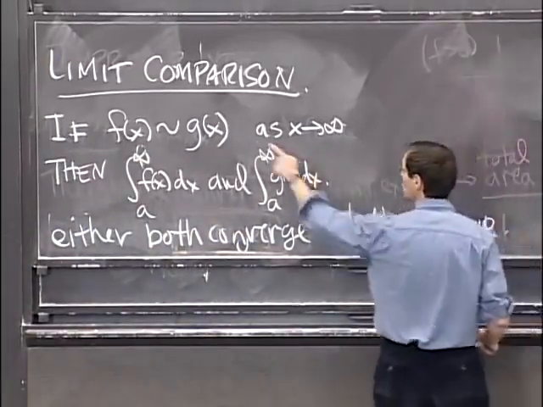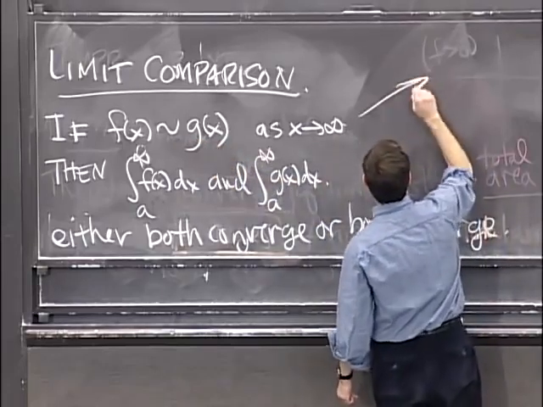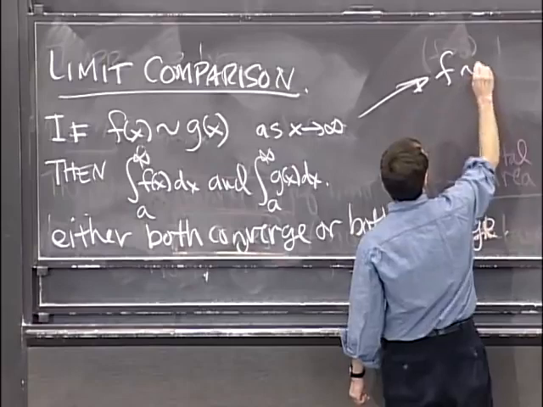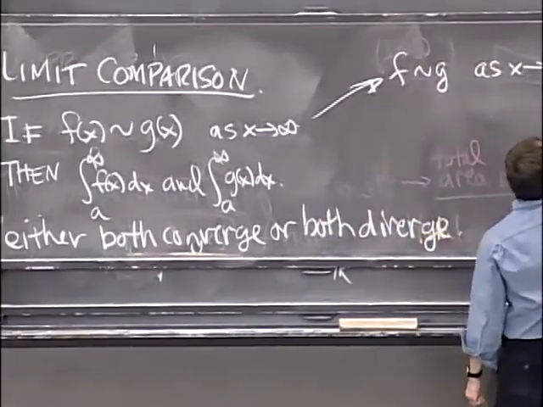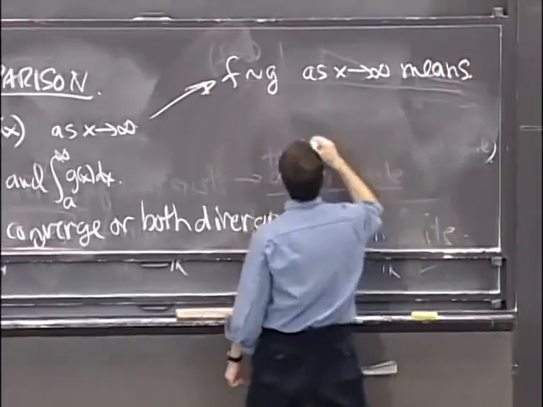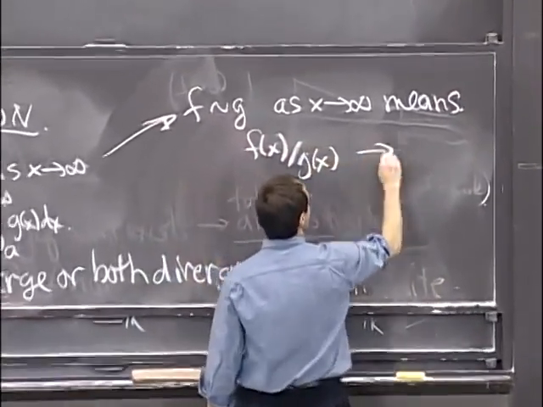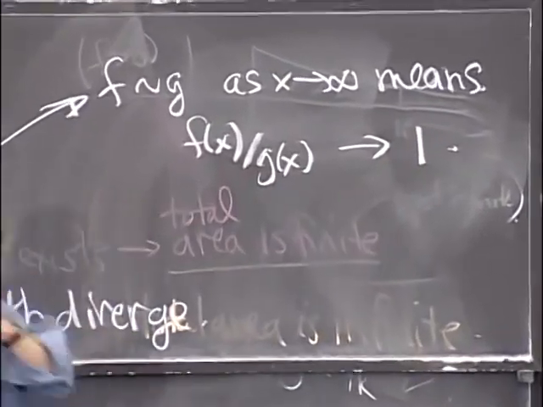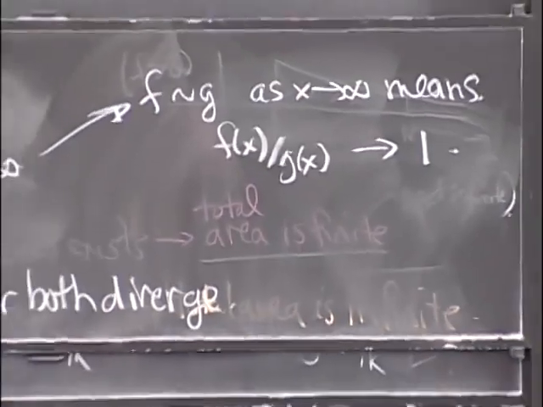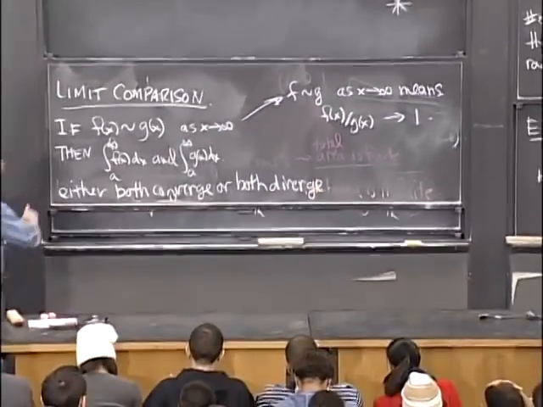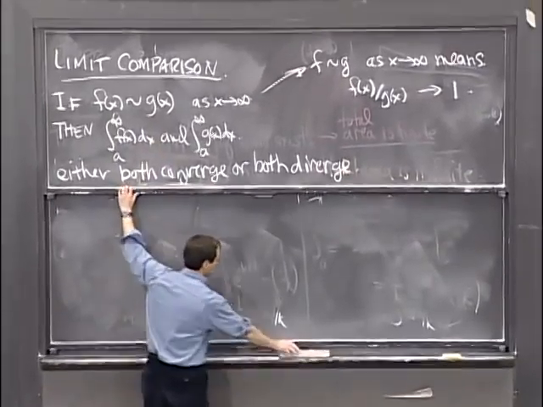And let me remind you what this tilde means. This thing means that f of x divided by g of x tends to 1. So if you have a couple of functions like that, then their behavior is the same.